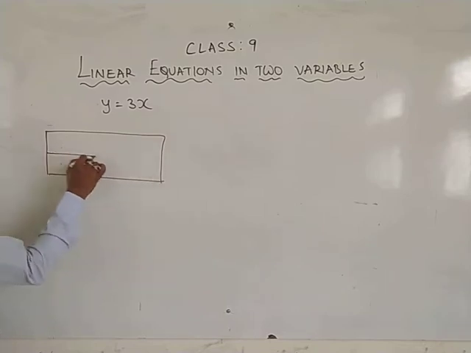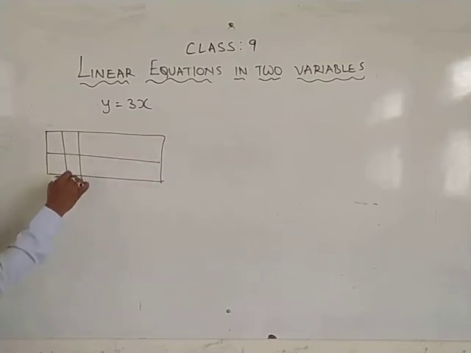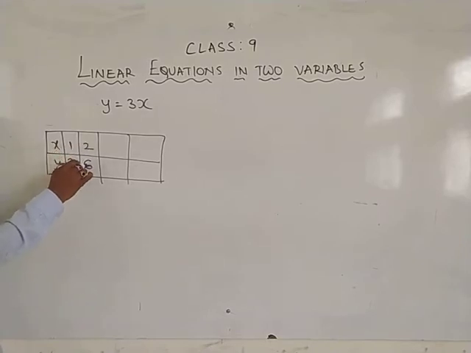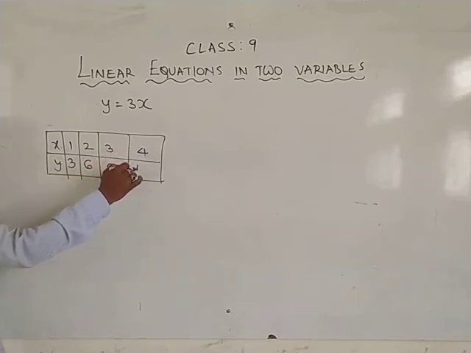Just we have to substitute the values of x to get the values of y. If you substitute x equal to 1, how much will come? Y equal to 3. If you substitute 2, 6. 3 means 9. 4 means 12.